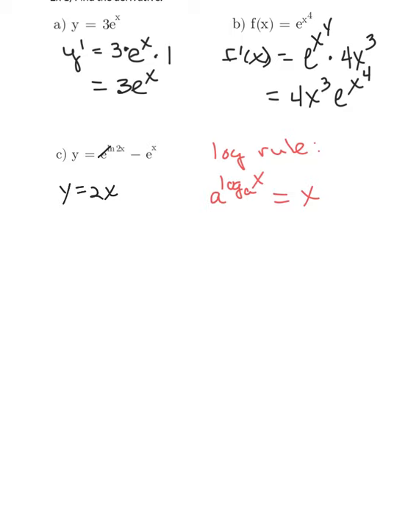So it's left with just 2x minus e to the x. The only thing that's left when your base of the log and the base of the exponent match is the argument of the logarithm. Now this is an easy derivative to do. The derivative of 2x is 2, and the derivative of e to the x is e to the x.